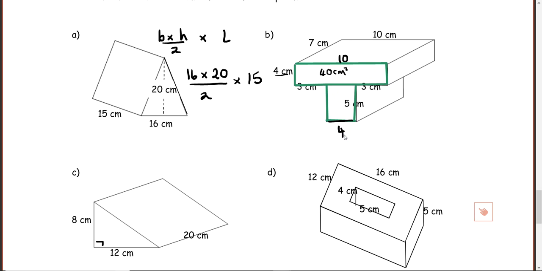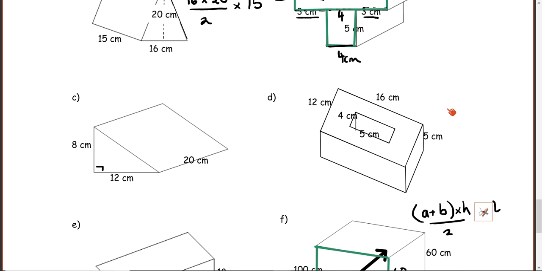Go on, explain why this is 4. Since the top of the T is 10, that means the bottom also makes 10. Then 10 minus 3 minus 3 makes 6. So it must be 4 in the middle. So I can work out the area of the T. Fine. Okay.